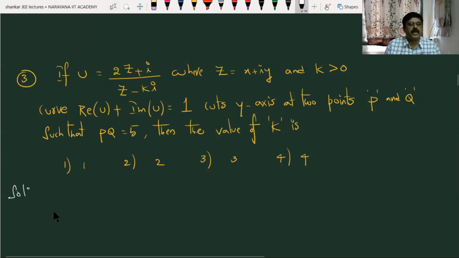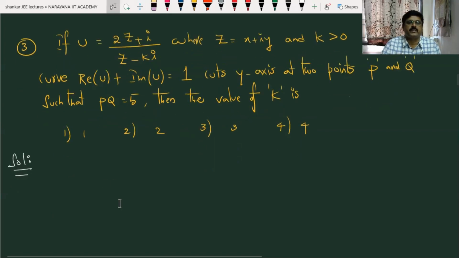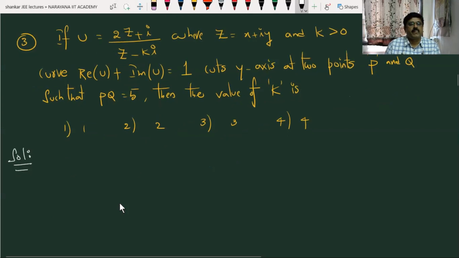So how to crack this problem? Carefully observe. Really, it is relatively a good problem, students. A little bit lengthy problem. Carefully you watch, students. U is equal to 2 of, I am going to replace z by x plus iota y. Generally in geometry related problems in complex numbers chapter, we take z as x plus iota y.